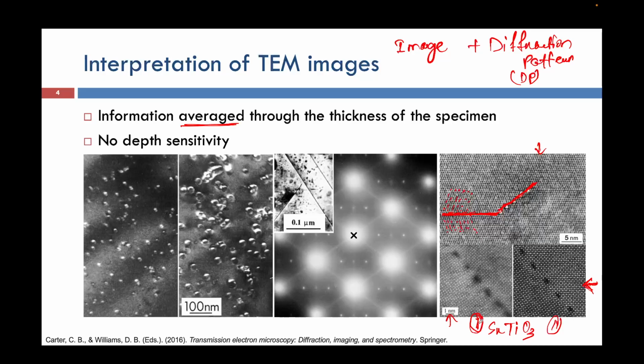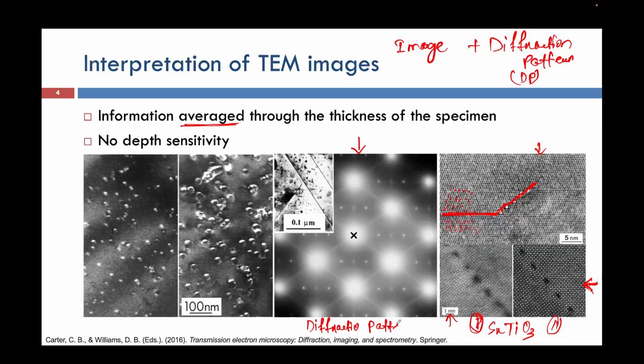Here, through the contrast mechanism and the use of the energy filter, we are clearly able to see where the atomic columns are situated. And similarly, if you come here, this image is called a diffraction pattern.